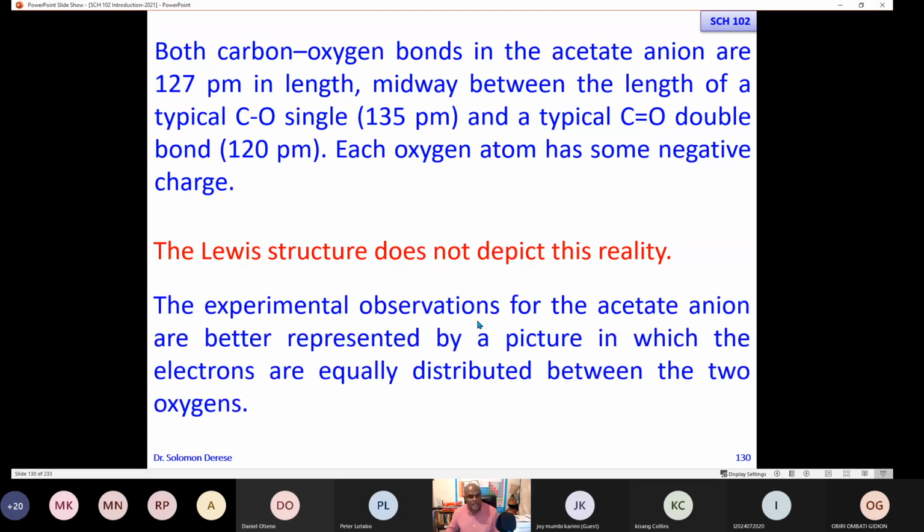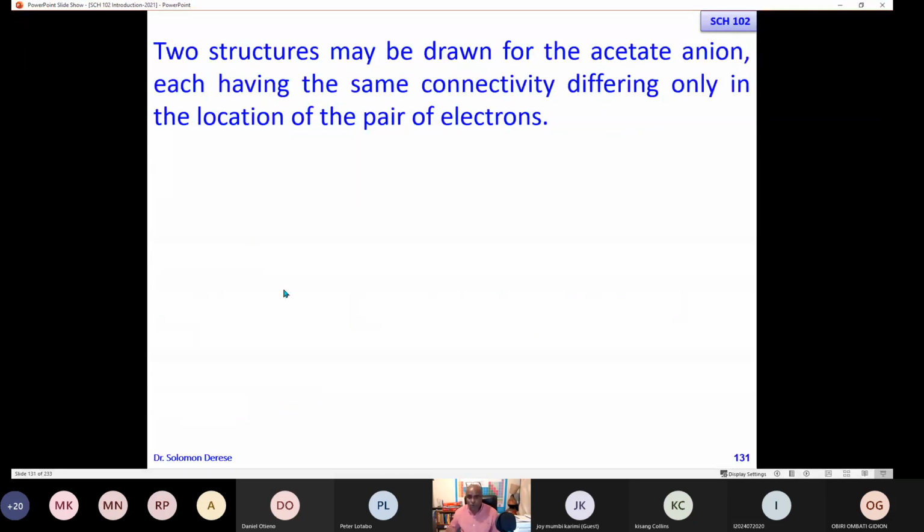So the experimental observations for the acetate anion are better represented by a picture in which the electrons are equally distributed between the two oxygen atoms. So for the acetate ion, we can draw two structures, each having the same connectivity, the only difference being in the location of the pair of electrons.